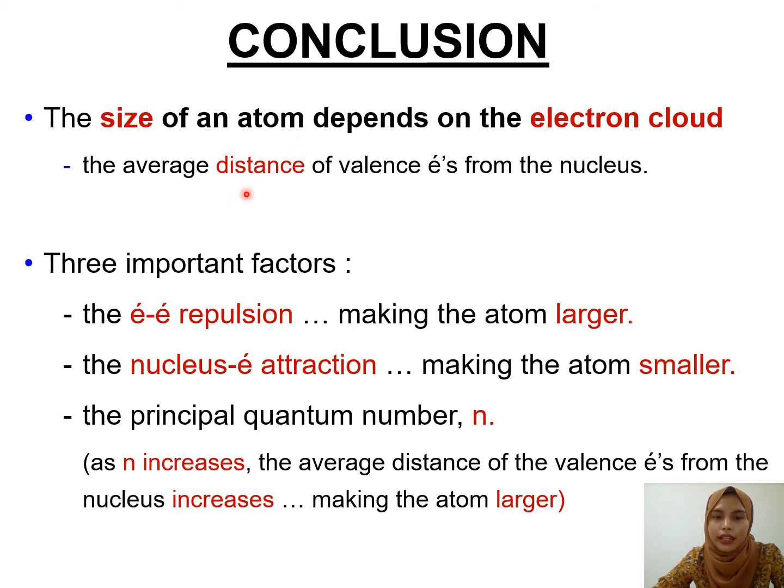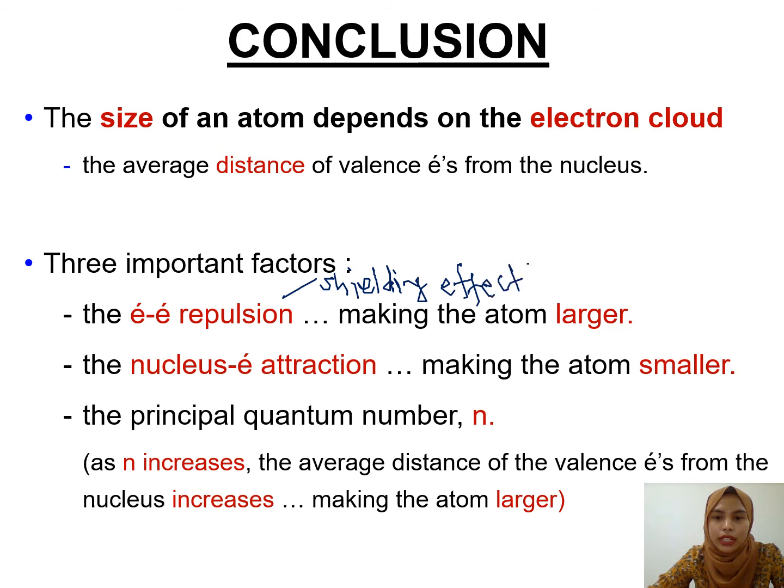Okay, and the size of an atom depends on 3 important factors. The first is electron repulsion. If there is electron repulsion, it contributes to the shielding effect.